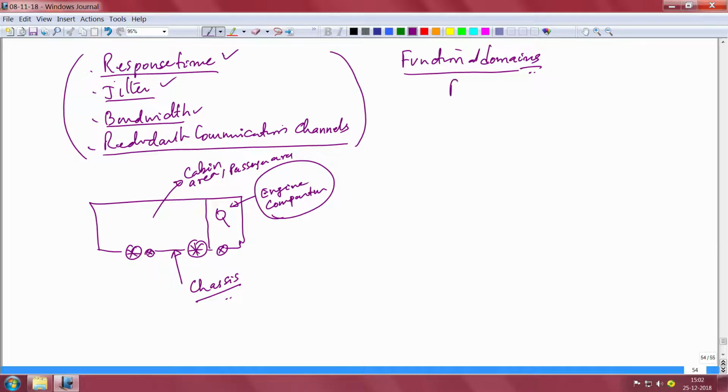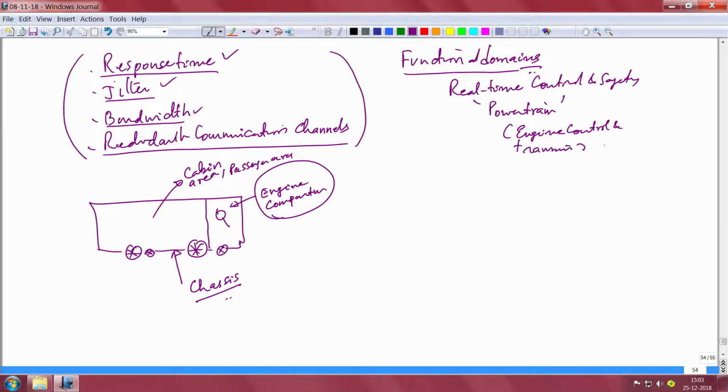Now, if you look at real time control and safety, you will be talking about the vehicle's powertrain, nothing but engine control and transmission related.